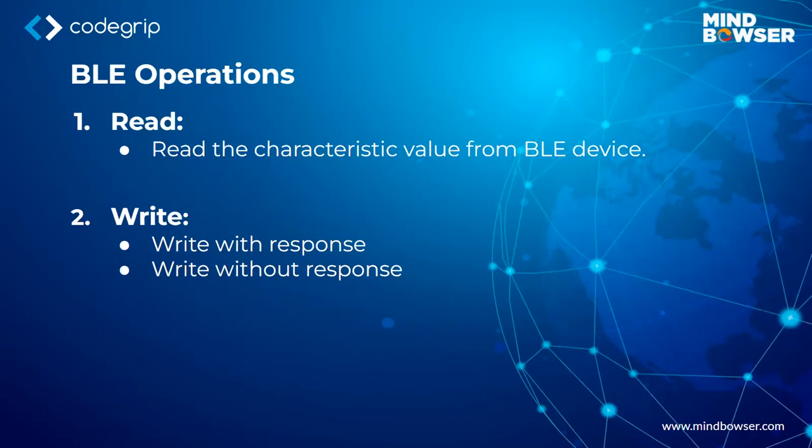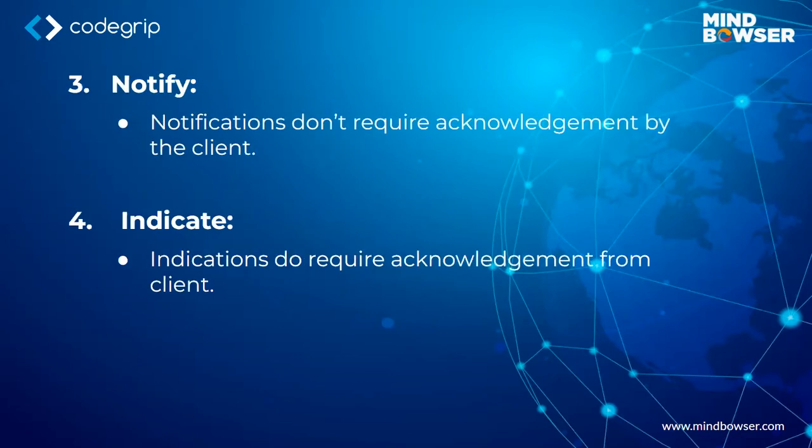If we write without response, we will not get any acknowledgement from the BLE device about whether we have written or not; we just perform the operation. But if we write with response, we get an acknowledgement from the BLE device that you have written something on your BLE device.